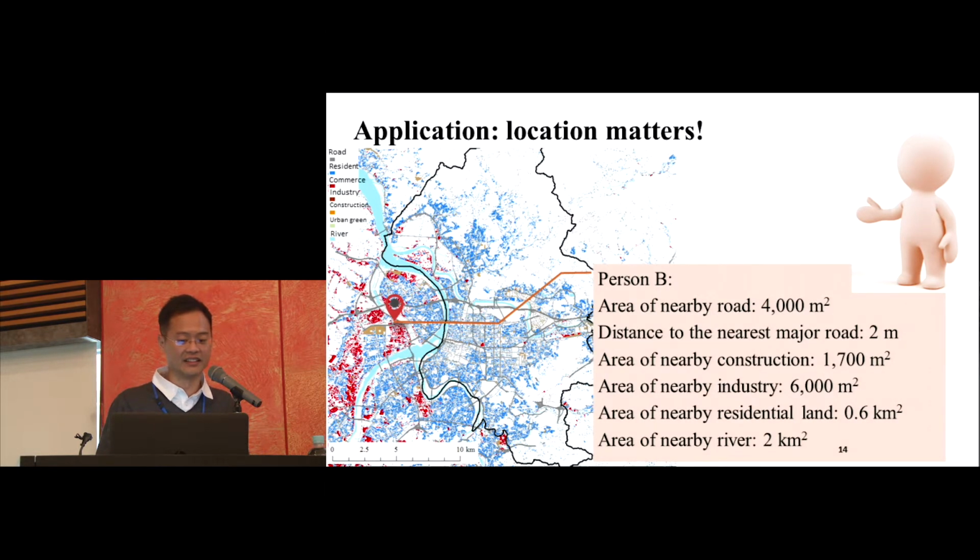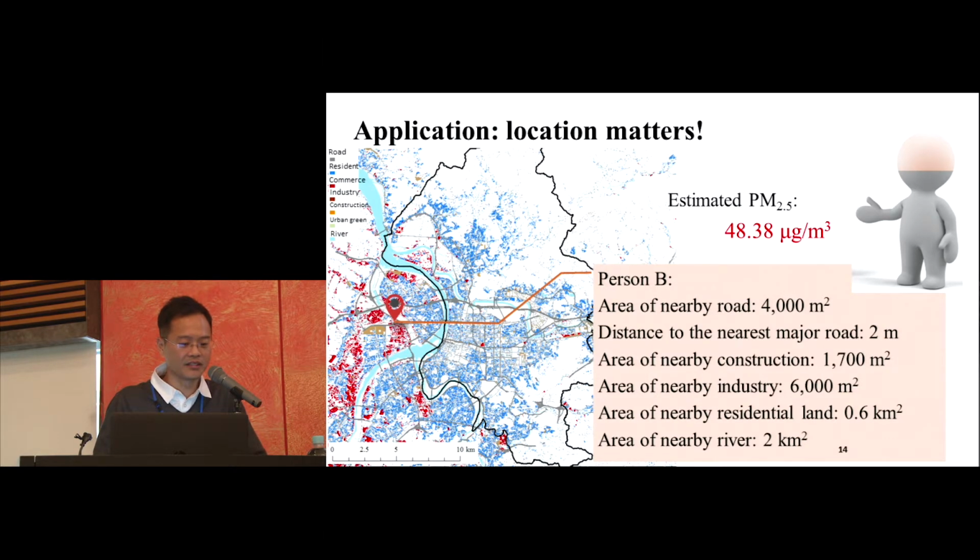Unfortunately, there is a nearby construction area of 1,700 square meters. Area of nearby industry is 6,000 square meters. Area of nearby residential land is 0.6 square kilometers. Area of nearby river is only 2 square kilometers. So what's his exposure? We get a result of almost 15 micrograms per cubic meter.